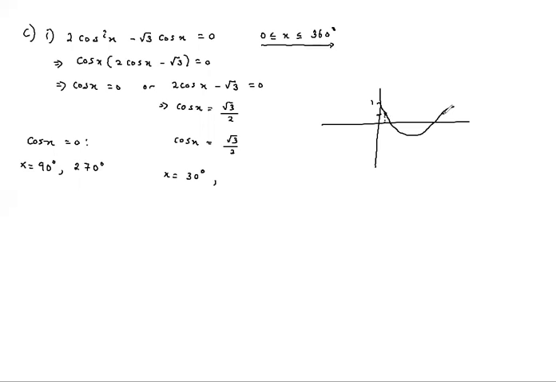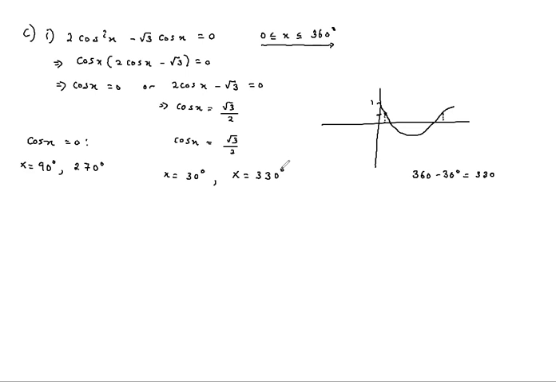We have another value there in the fourth quadrant, where cos is positive. So what value will that be? You just say 360 minus 30, you get 330. So it will be x is equal to 330.